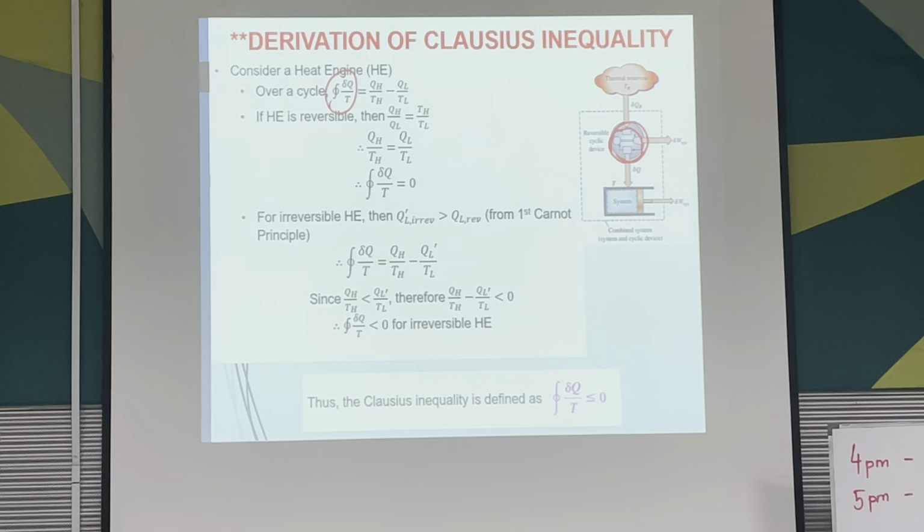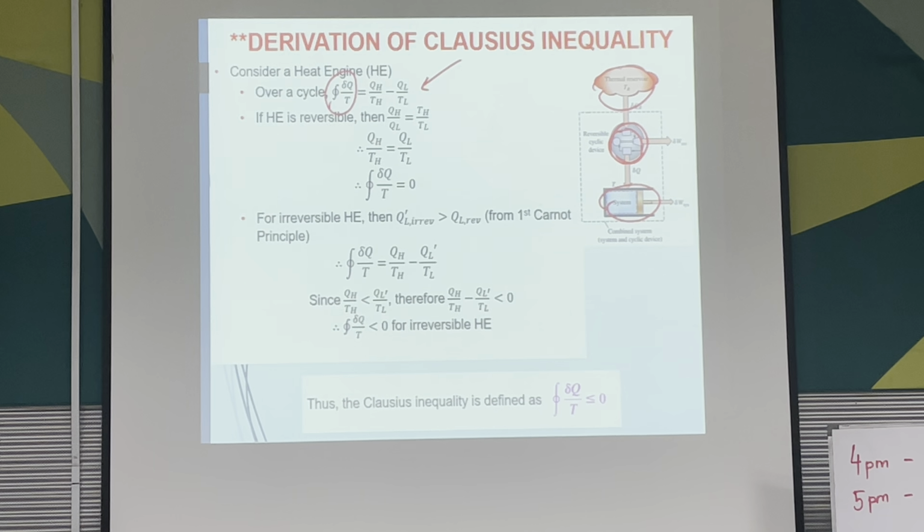So if you integrate over the entire cycle, then it will be QH over TH minus QL over TL. So the change in the heat of the heat engine will be the difference between QH and QL.